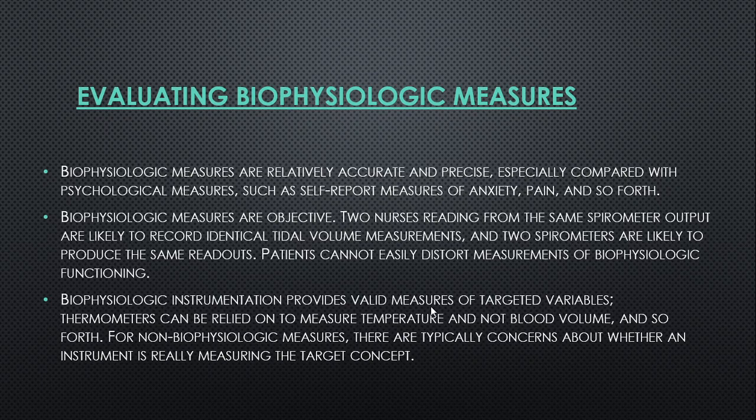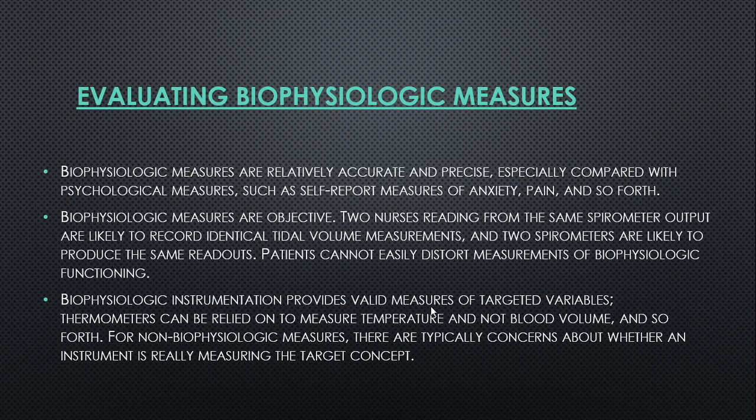Okay, evaluating the biophysiologic measures. Okay, biophysiologic measures are relatively accurate and precise, especially compared with the psychological measures, such as self-reports, measures of anxiety, pain, and so forth. Okay, biophysical measures are objective.